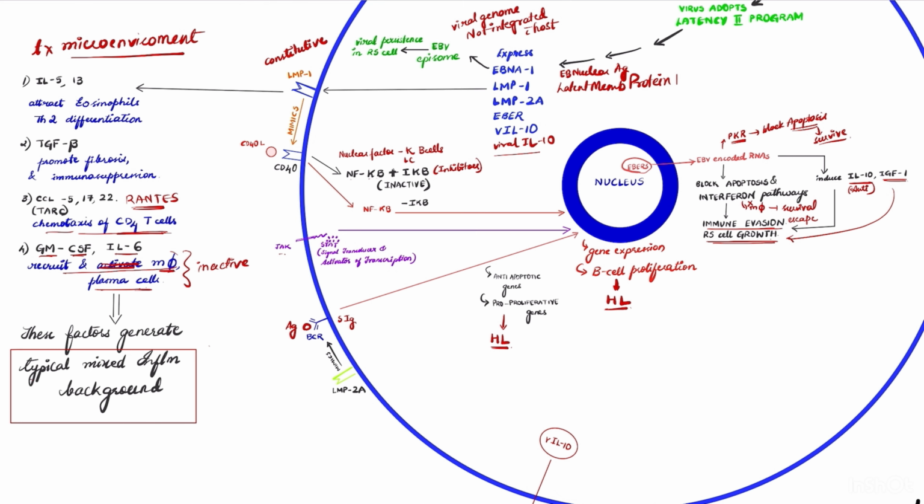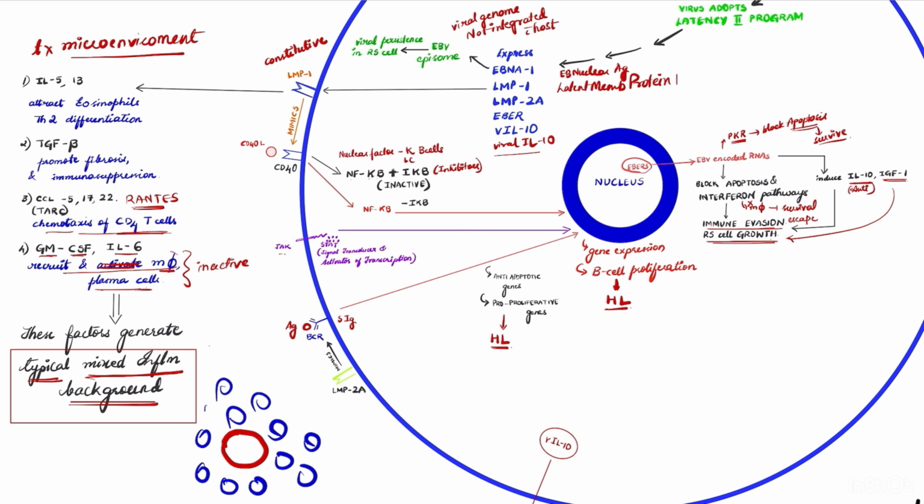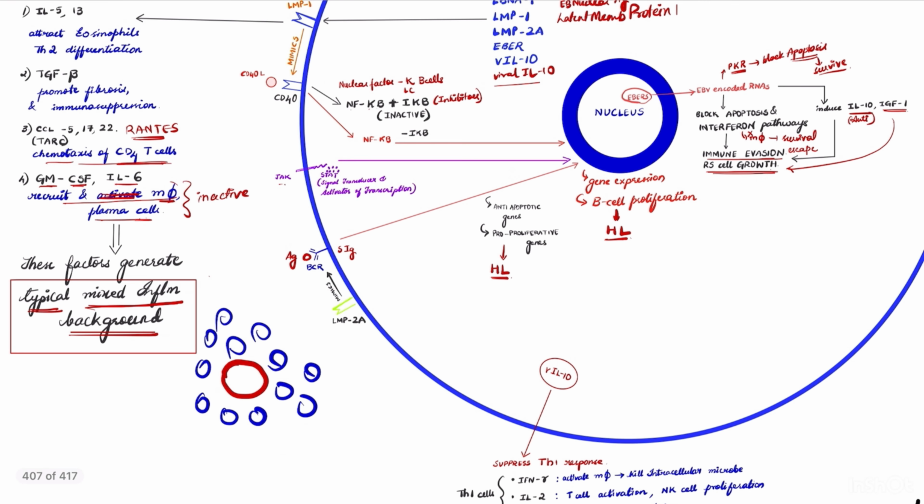This will form the typical mixed inflammatory background. Like there is one RS cell here. Supporting structures, many inflammatory background cells are present. It's like a cushioning effect. Almost the bulk of the tumor is formed by mixed inflammatory cells. 95% of the bulk of the tumor is formed by these mixed inflammatory cells. Only less than 5% of the tumor bulk is formed by the RS cell.